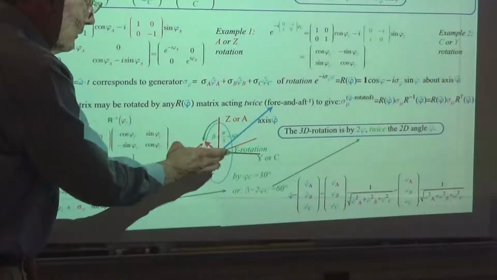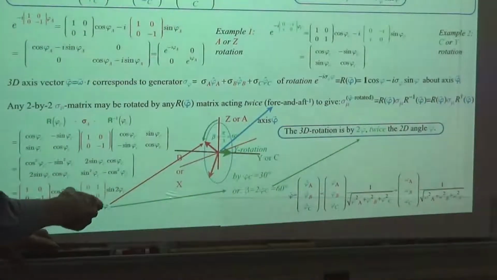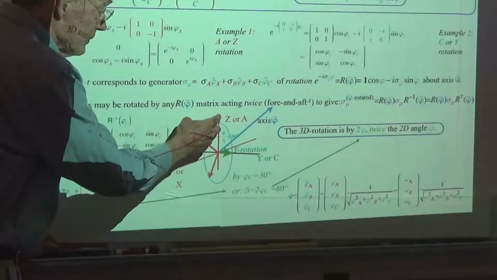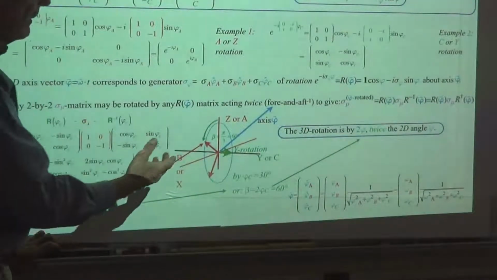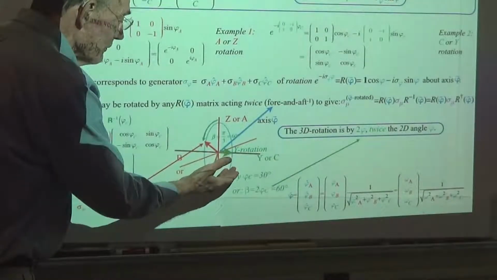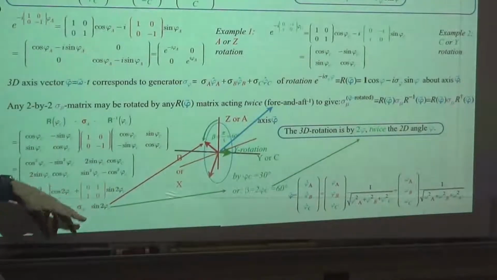The actual rotation is around the c-axis, so you don't get any components of the z vector if that's what you were applying it to. So I have here a representation of rotating that thing.